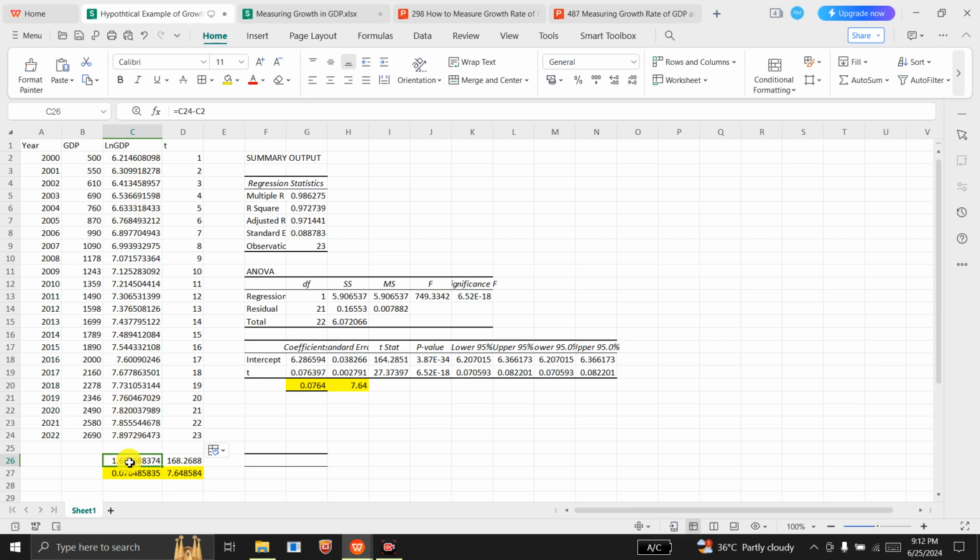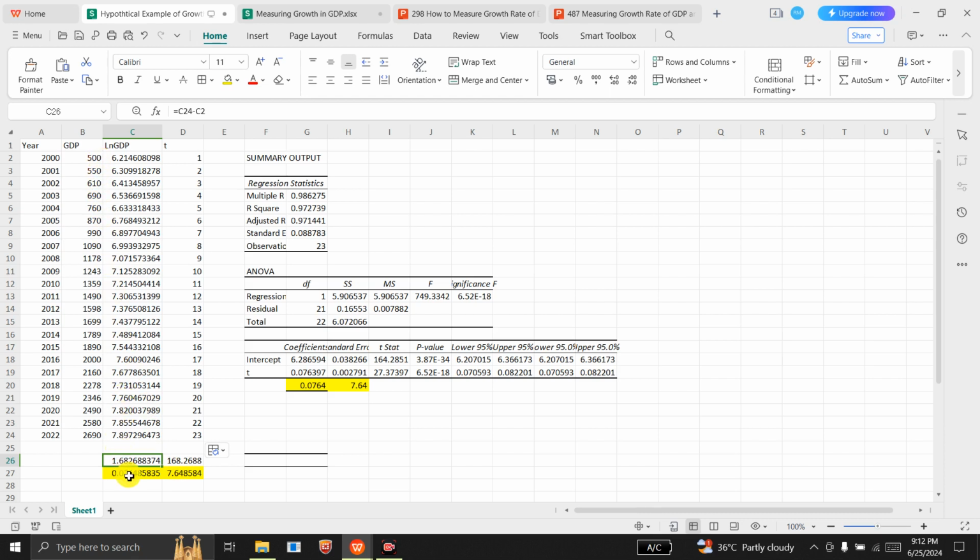This shows that the growth rate between this and this is 1.68, and if I multiply that by 100, it means that the GDP has grown by 168% over the period of 22 years.